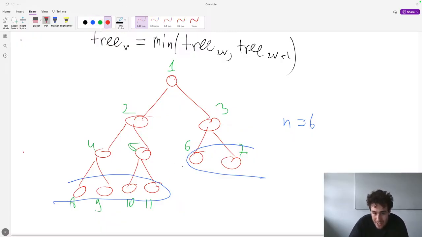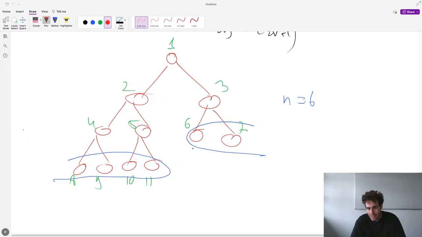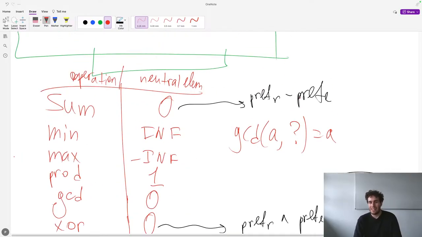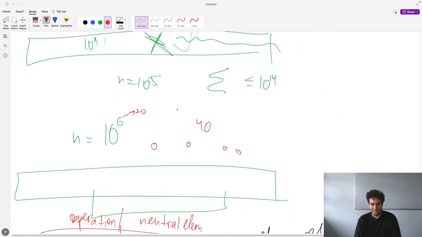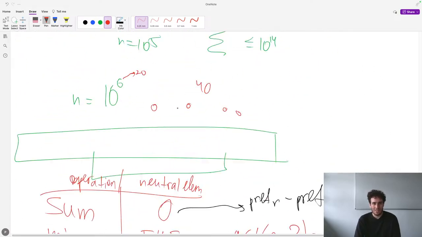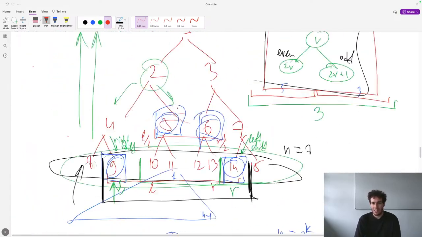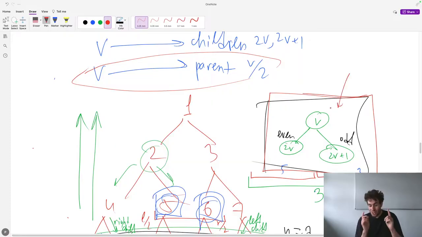But you see this very nice property that we start in vertex n and we end in vertex 2n minus 1. Who is the parent of 2n minus 1? Again, as always, this picture, where is it? I lost the picture. Here, right? Children of a vertex are 2v and 2v plus 1.